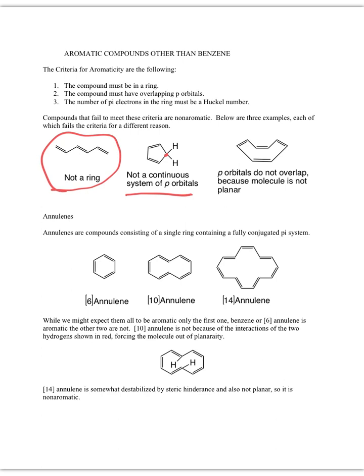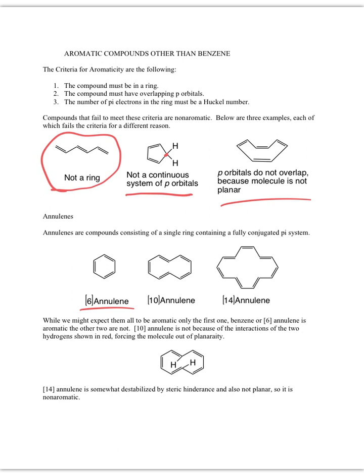And then the next one, the p orbitals do not overlap because the molecule is not planar. The molecule has to be planar to be aromatic so that you have the overlap between adjacent p orbitals on each carbon around the ring. So annulenes are fully conjugated pi systems. The easy one, 6-annulene, benzene, is aromatic.